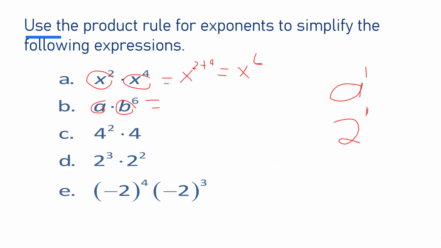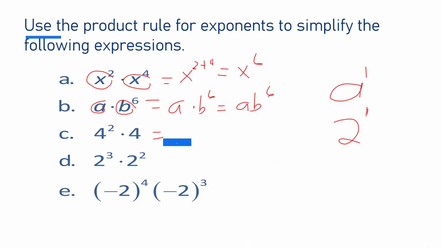A to the power 1 is just a. So we've got a times b to the 6. Now, because the bases are not the same, we've got a and b, we are not going to be able to apply the product rule. So this will just equal a times b to the power 6. It's kind of the same thing because the bases are not the same.